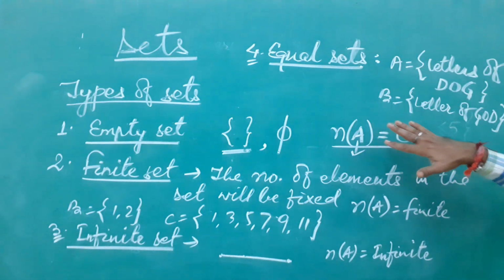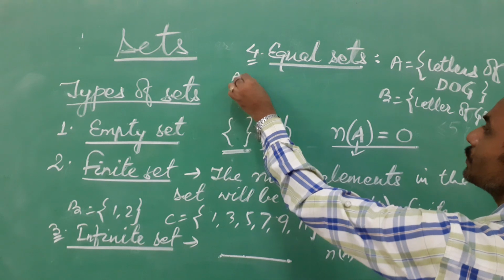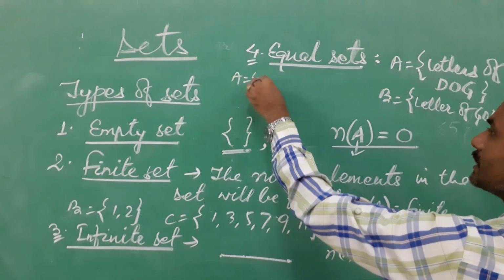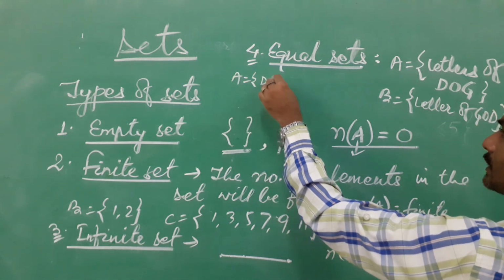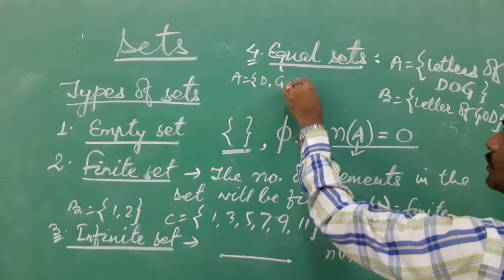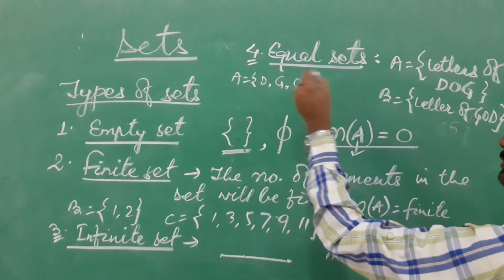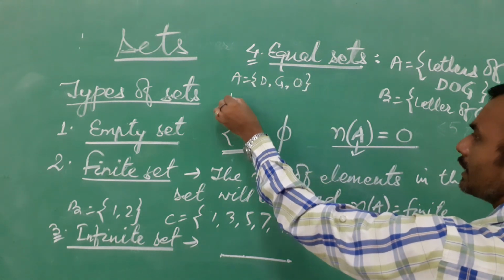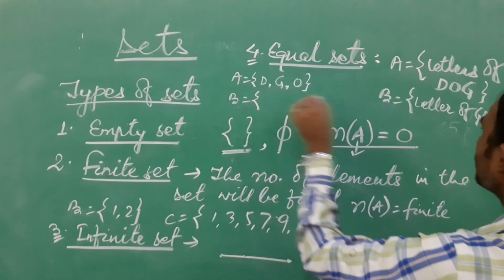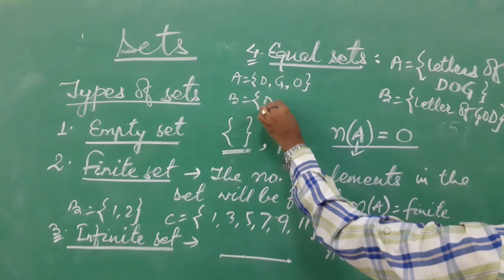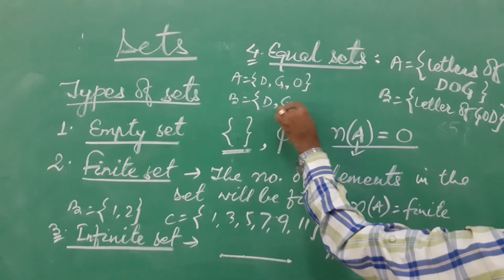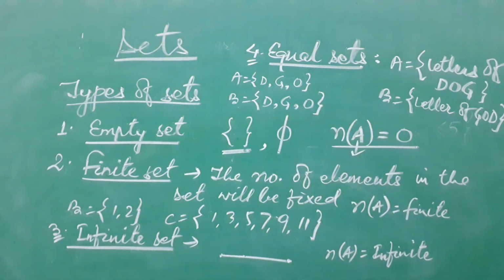While writing in roster form, A equals D, G, O as per the order of the English alphabet, and B here again D, G, O. So these are equal sets.